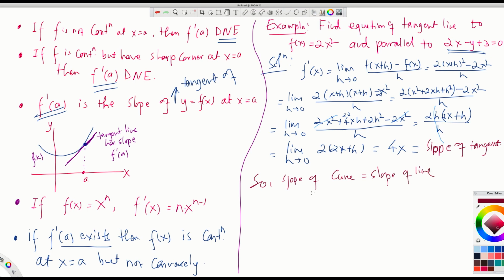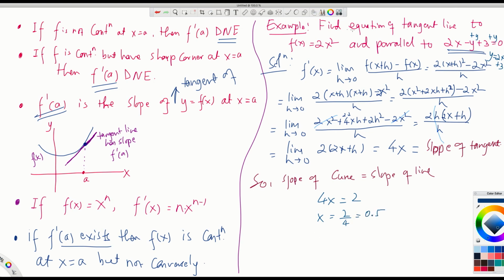The slope of the curve is the derivative, so 4x equals what is the slope of this line? You need to solve for y. If you add y on both sides, you get y equals 2x plus 3. So the slope here is 2. So what is x? x is 2 over 4. That is 0.5. That is the x.